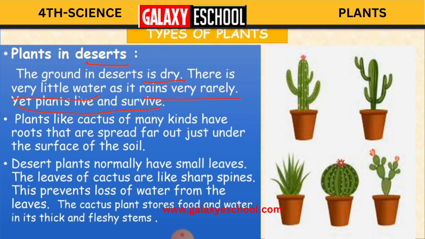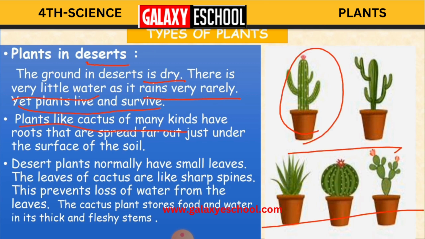Plants like cactus of many kinds have roots that are spread far out just under the surface of the soil. So what type of plants can we see in desert, children? We can see cactus type of plants. As you can see in the picture, this type of cactus and many kinds of cactus family, they have roots that are spread far out just under the surface of the soil.